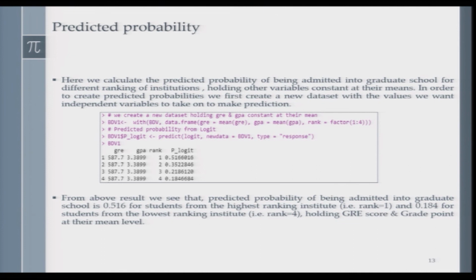Then I am going to run this particular command to generate the predicted probabilities, and note that there is a problem because the rank variable is qualitative in nature and we have defined different dummy variables for it in the logistic regression model.